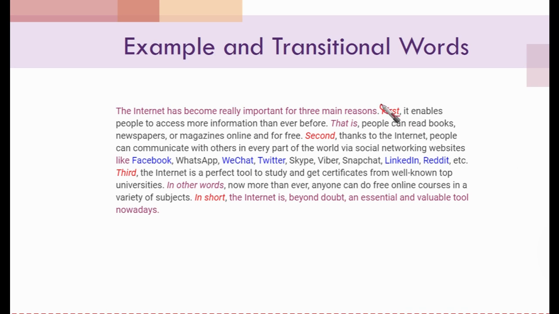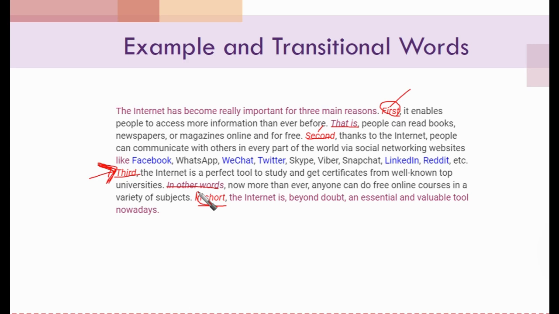So there are many transitional words. Let's find them together. First one, it's first. Okay, that is. Second, third. In other words, in short. So first, second, third: when you list something, maybe you are listing different reasons, okay? Reason 1, 2, 3, you're using first, second, and third.